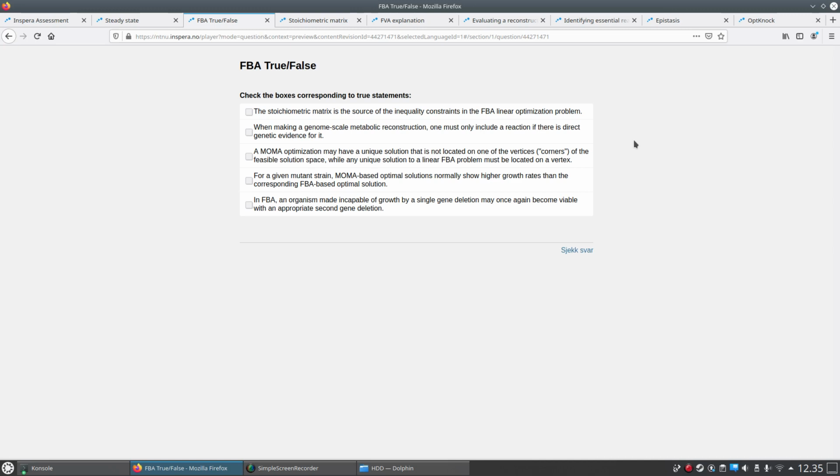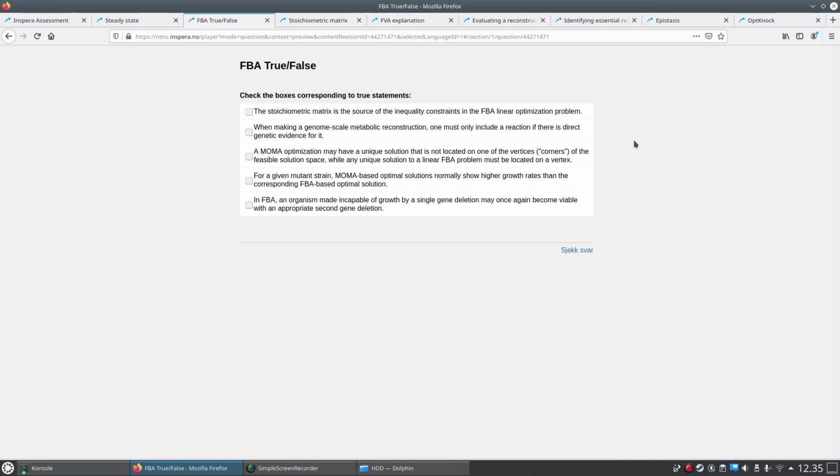Fundamentally, the stoichiometric matrix is a representation of the steady state problem. Essentially, the stoichiometric matrix multiplied by the flux vector has to equal the null vector. That is the mathematical representation of the steady state requirement.